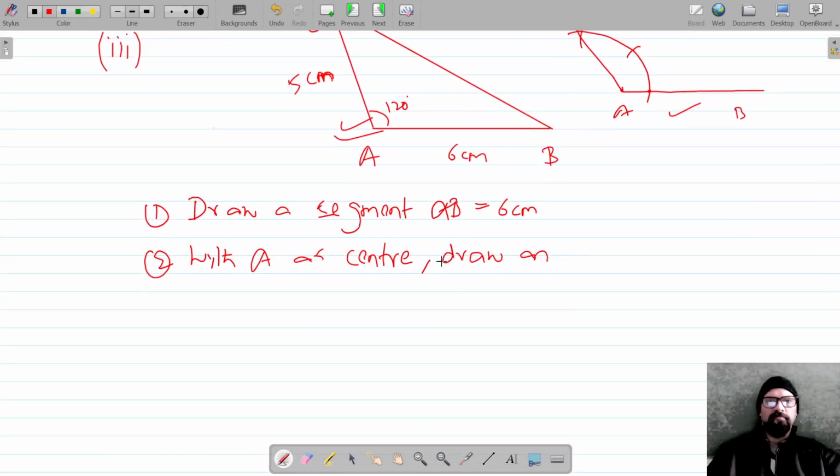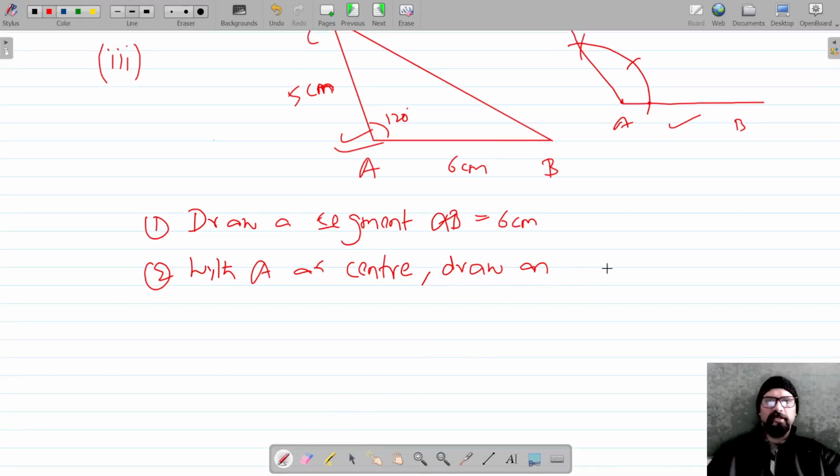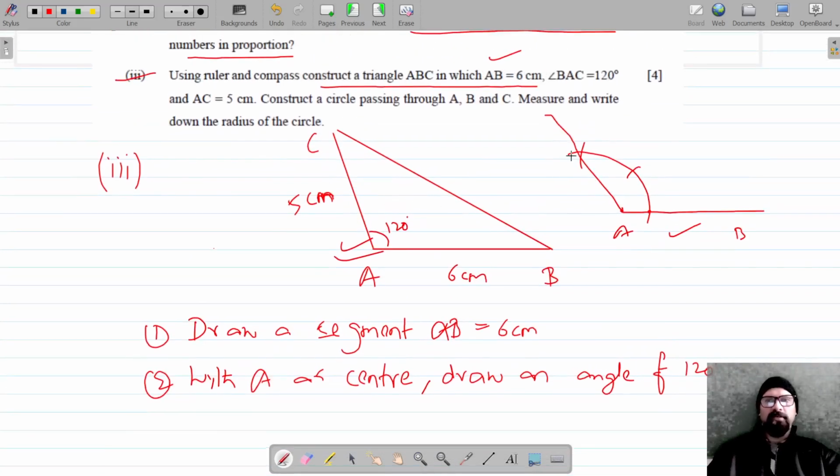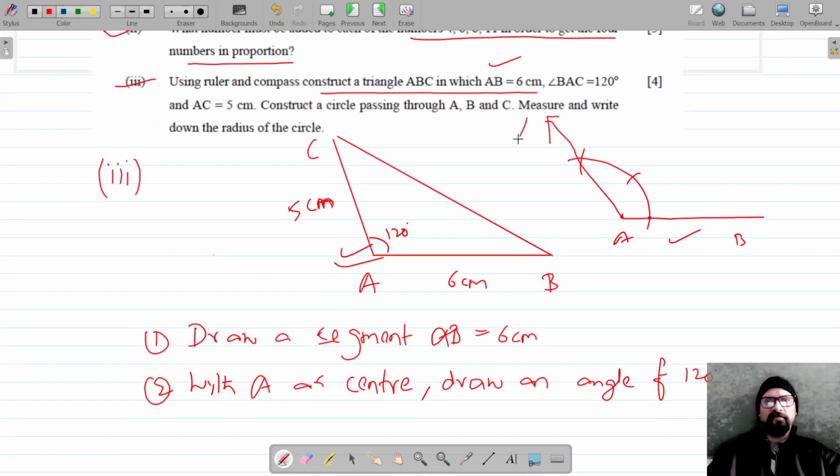So with A as center, construct an angle of 120 degree. Let's say this is the ray AX.